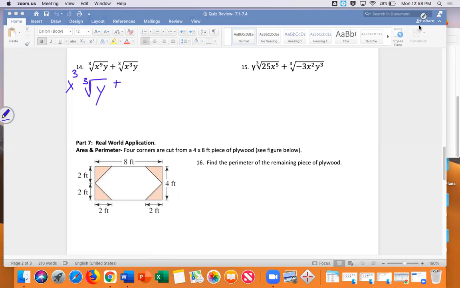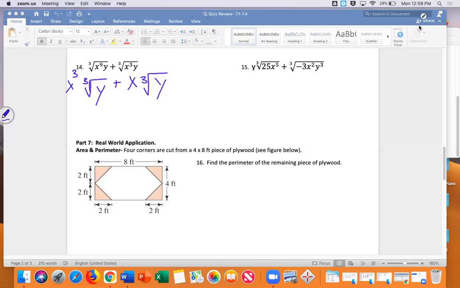plus, now I'm going to see how many times does 3 go into 3? That's 1 time. And how many times does 3 go into that 1? Well, it can't. So now I have x cubed times the cube root of y plus x times the cube root of y. And the problem here is this: my variables look very similar, but they're not.